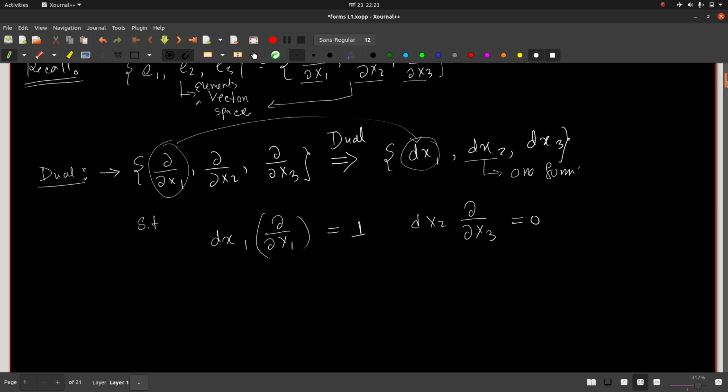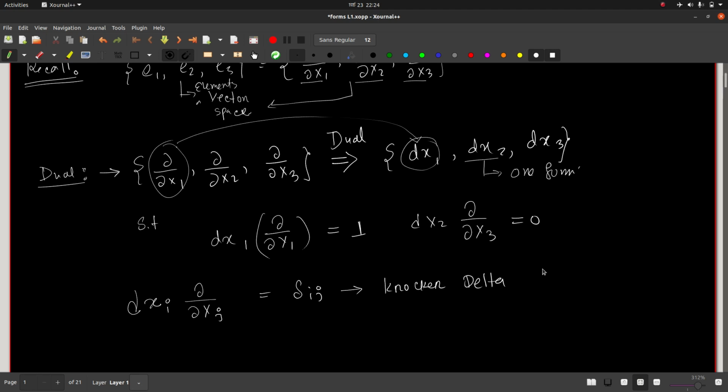So in a more compact notation, you can write the multiplication we defined at the very beginning of the lecture, in the definition of a one form: dxi acting on partial j is equal to delta ij, and this is known as the Kronecker delta.